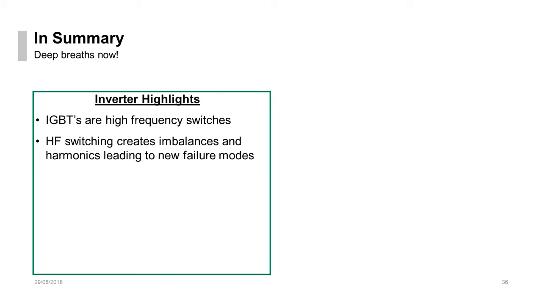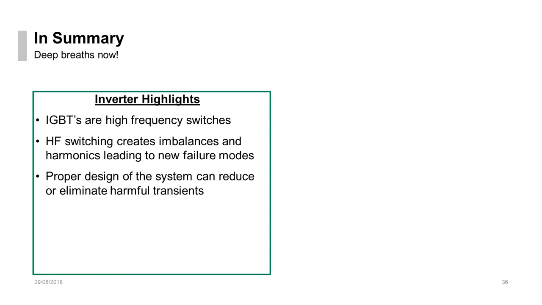I've talked with a lot of people who said that for power savings or energy efficiency, they've installed inverters on old systems, and then their mean time between failure just got dramatically worse. They then were blaming it on lubrication or something like that, but look at the system. Because a proper design of the system can reduce or even eliminate these harmful transients.